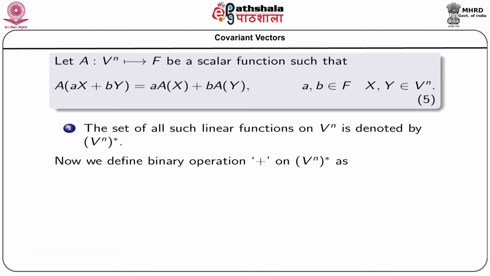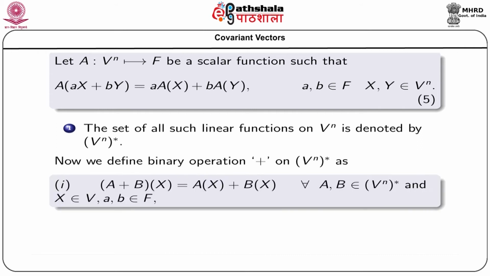Now, on this V_n star, we define two binary operations. One is plus, defined in this way: (A plus B)(x) equals A(x) plus B(x) for all A, B belonging to V_n star. That means A, B are the linear functionals, and x belongs to V_n.